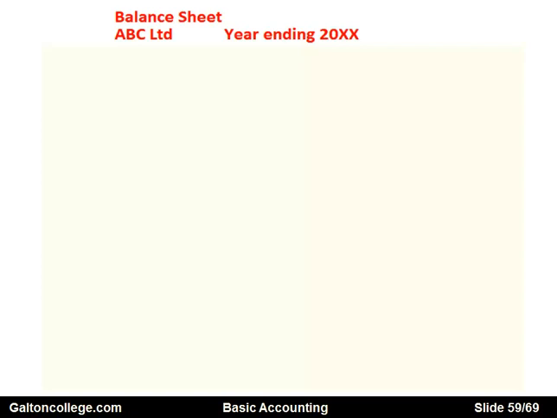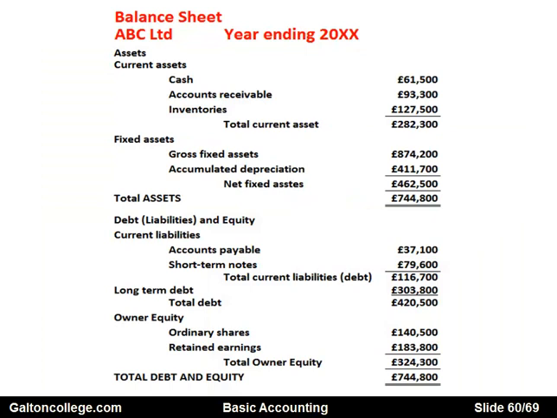Now a balance sheet for the company ending the same year, let's say, the balance sheet would be divided into this type of arrangement here. On the top we have assets, current assets and fixed assets, giving us total assets. So total assets for here, for example, is £744,800. And against those assets we have the various liabilities.